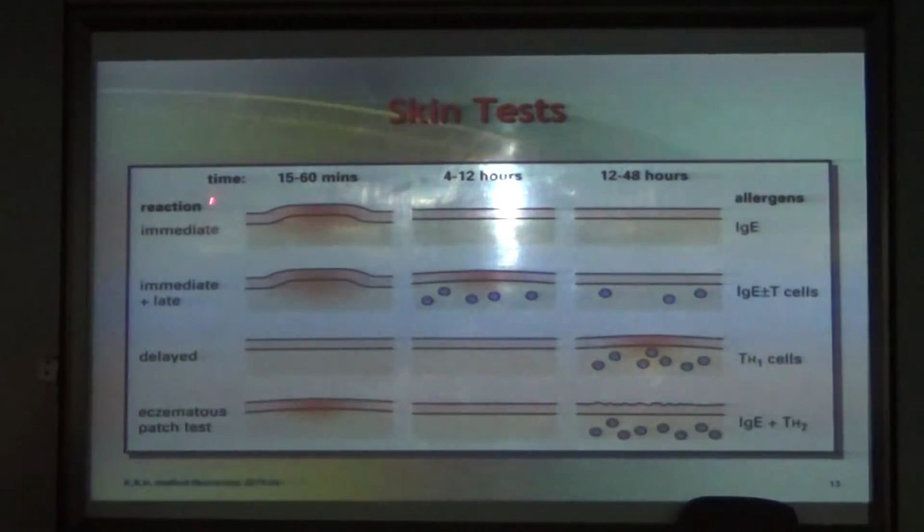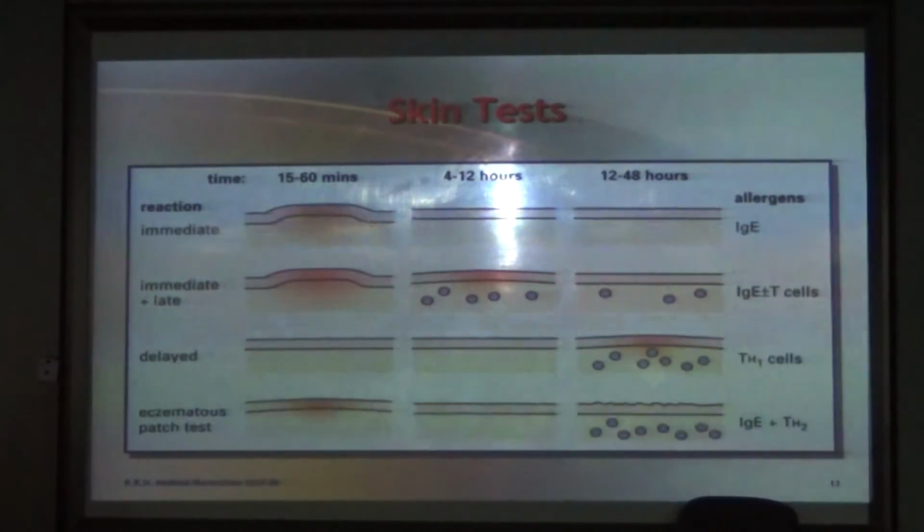Here, some immediate reactions can happen within 50 to 60 minutes, 4 to 12 hours, 12 to 48 hours. As you can see, nothing has flared here, nothing has flared here, but this is an allergic reaction. Again, intermediate reactions will take a little longer to come down. As you can see here, 4 to 12 hours, 15 to 60 minutes, 1 hour, 4 to 12 hours, you still have that reaction here.